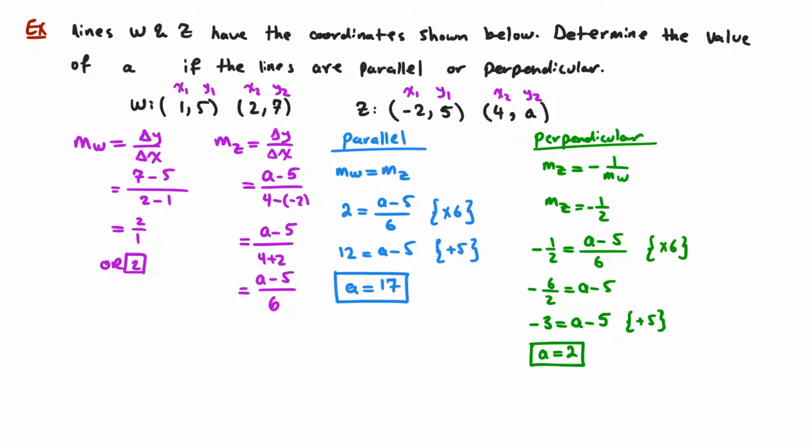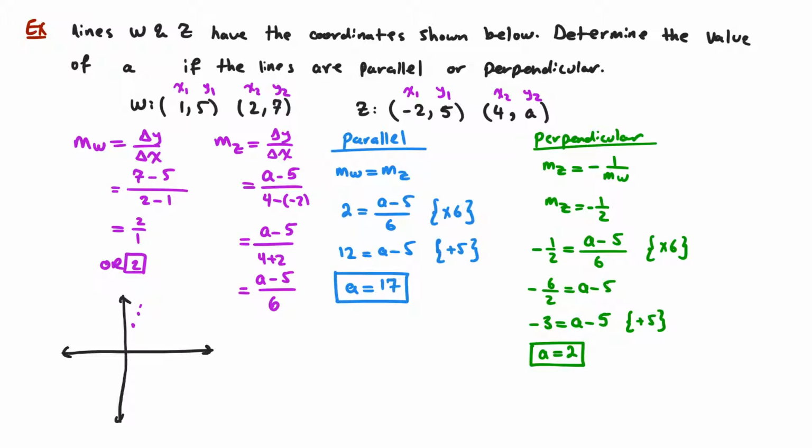I just want to quickly sketch these two just to give you an idea about the concepts here. And I will start by doing line W, and line W, I'll do that with purple, has points (1, 5), so somewhere over here, and (2, 7), which is somewhere along here.